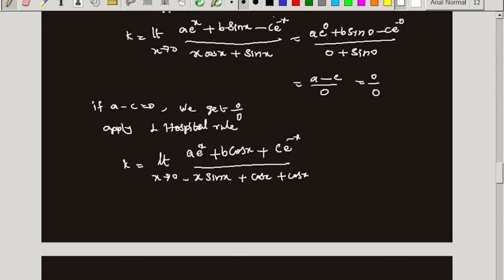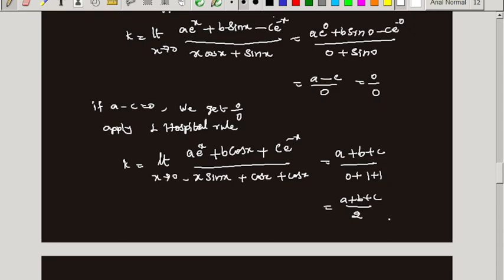Now if we apply 0, we get a plus b plus c, dividing by 0 plus cos 0, which is 1, plus 1. Here e^0 is 1, cos 0 is 1, e^(-0) is also 1. We get (a plus b plus c) by 2.